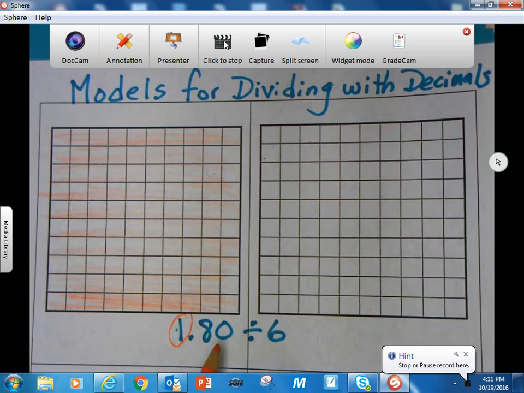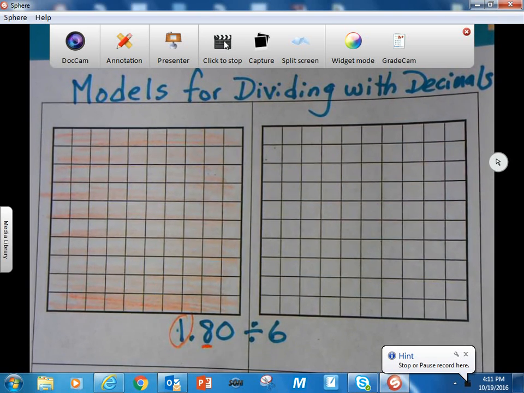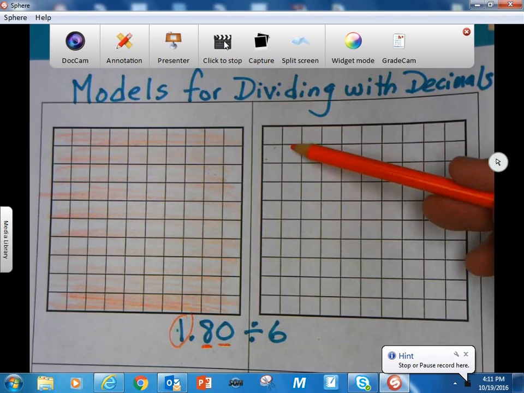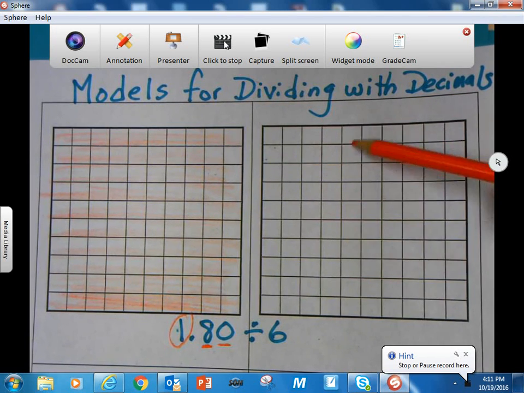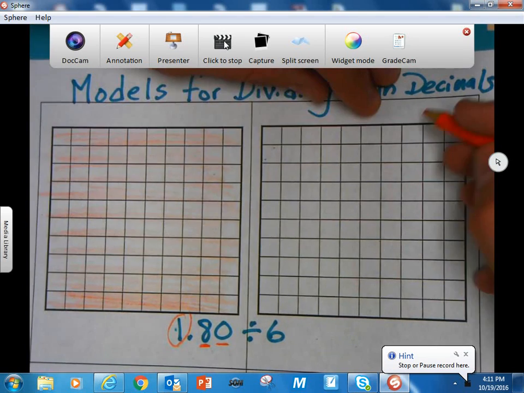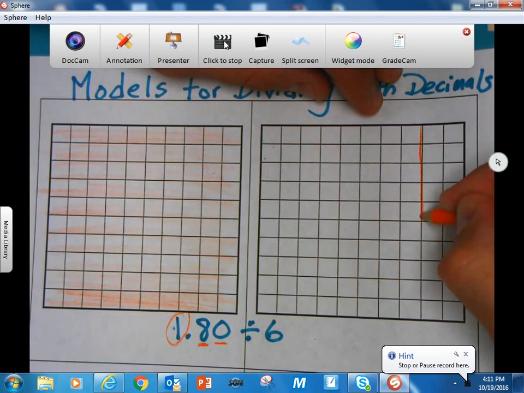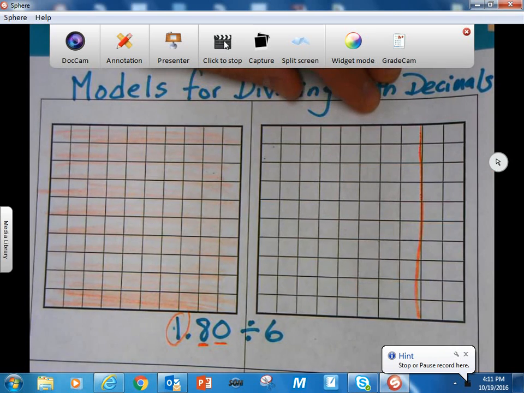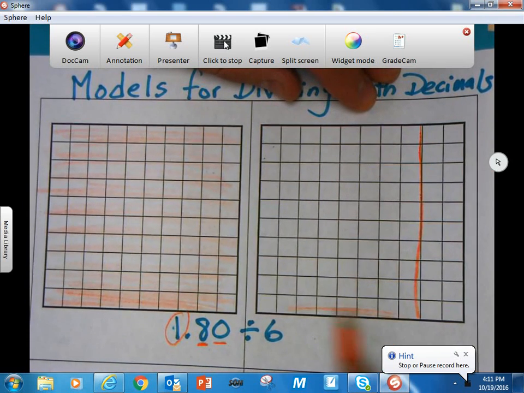And I'm going to also shade in 8/10, or if I want to say 80 hundredths, that would be 8/10, 1/10, 2/10, 3/10, 4/10, 5/10, 6/10, 7/10, or 8/10 more of the second grid. So that's from there over. I'm going to shade.